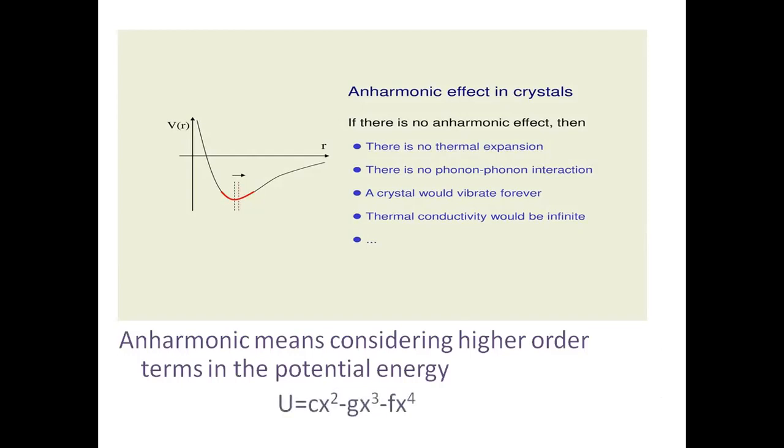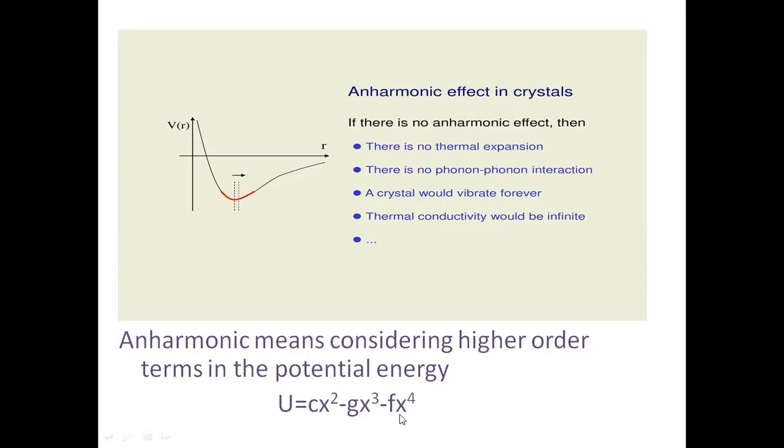So here anharmonic means considering the higher order terms: the potential energy U of x is equal to Cx square minus Gx cube minus Fx power 4. In the case of a harmonic oscillator, U is equal to only the Kx square term. But in the case of anharmonicity or anharmonic oscillation, U is equal to Cx square minus Gx cube minus Fx power 4, where C, G and F are positive constants.